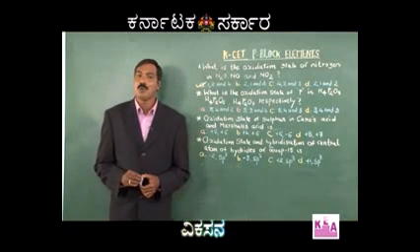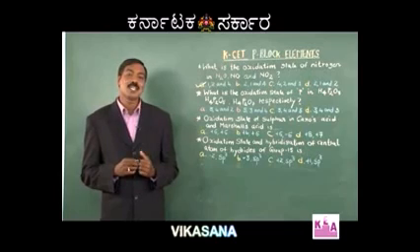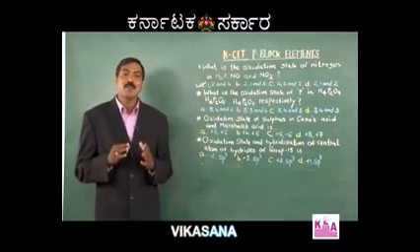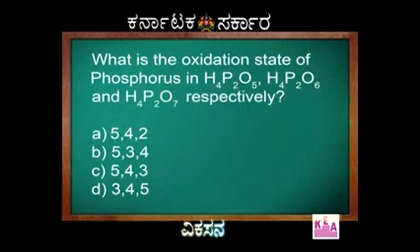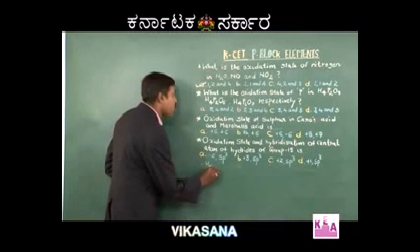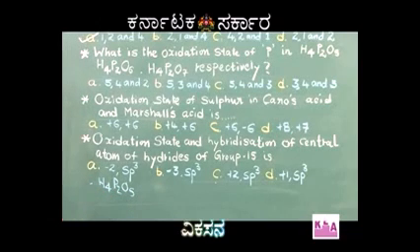Dear students, I hope you have understood the first question. As I'm talking to you, you would have started working on the second question. Let's apply the same principles that we adopted for the first question, in calculating the oxidation state of phosphorus in the given oxyacids of phosphorus. For H4P2O5, I work it this way: I know that the oxidation state of hydrogen is +1, therefore 1 into 4 is 4.